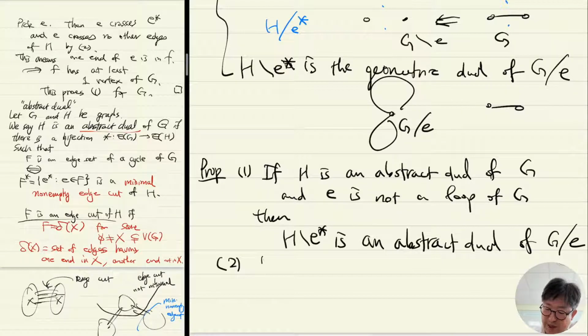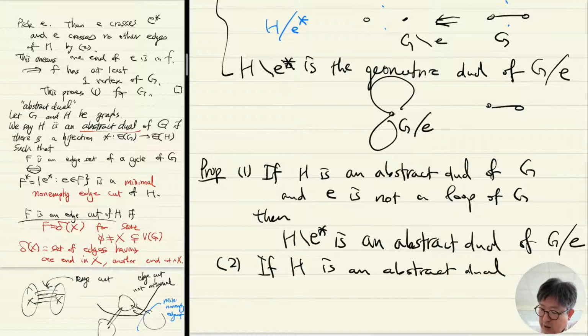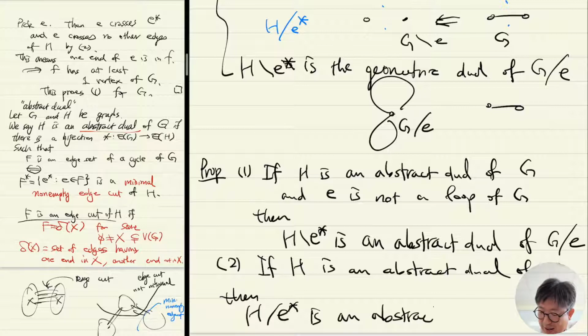So that's the first property. And the second property: if H is an abstract dual of G and E is, and I don't care, then H contract E star is an abstract dual of G.